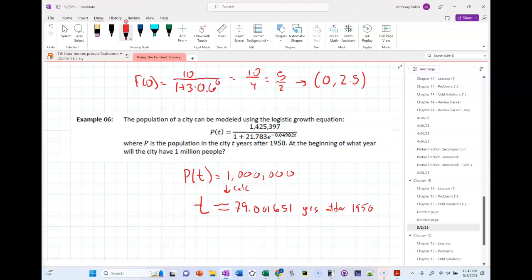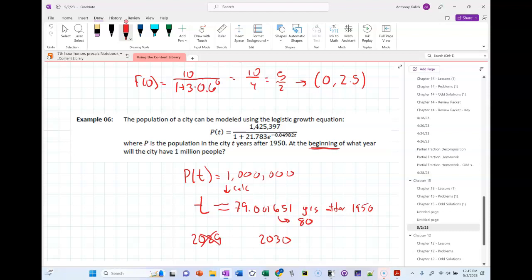So what would my answer be? It says, at the beginning of what year does the city have 1 million people? That's actually going to be incorrect. What should the answer actually be? Well, it says the beginning of what year? So we had to actually round that up to 80.